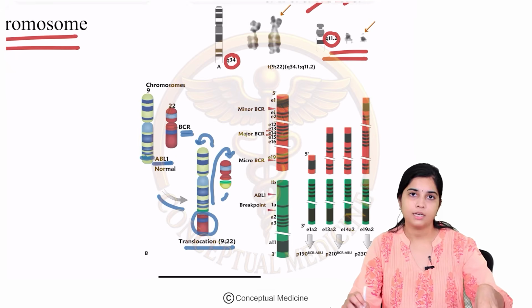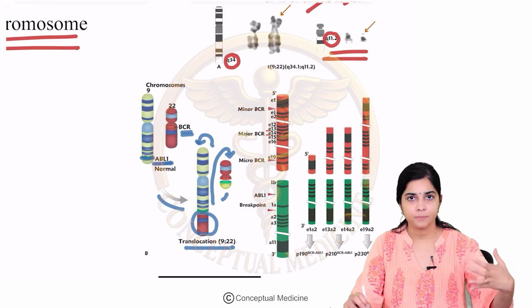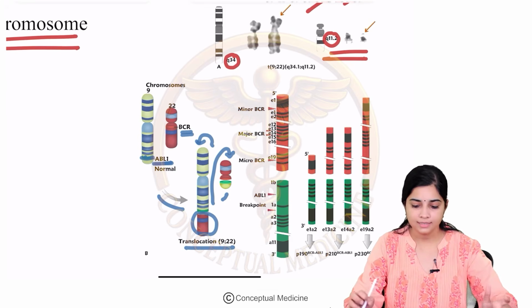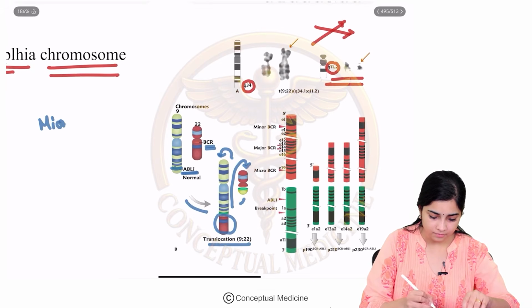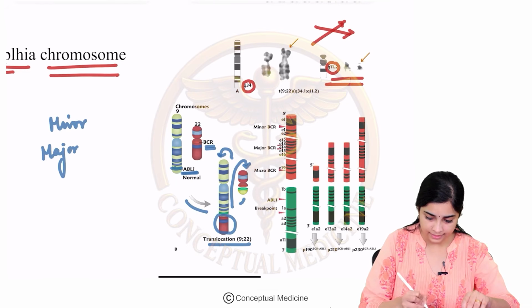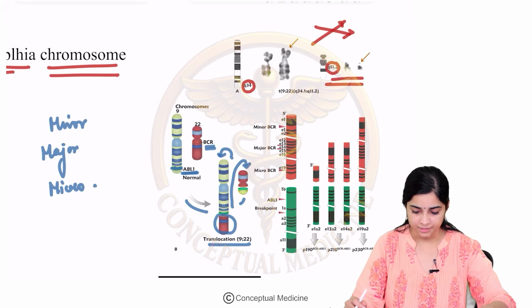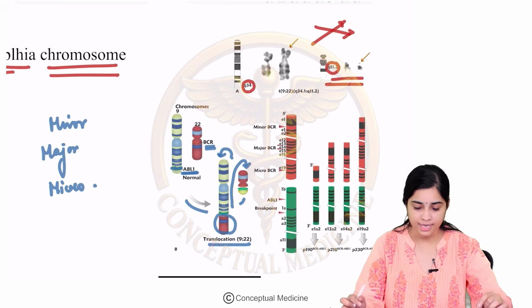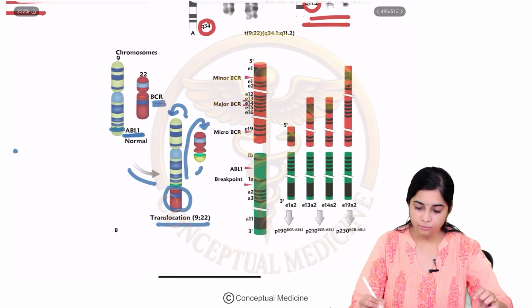You can have different types of translocations and different lengths of the chimeric protein, divided into three types: minor BCR, major BCR and micro BCR, depending on the number of repeats obtained. This basically depends on where the breakpoint occurs.